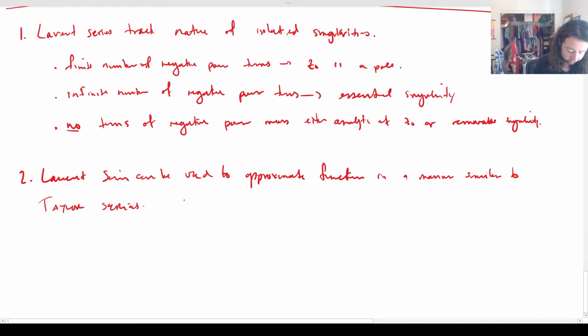And here you could think maybe your partial sums look like s_k equals the sum from n equals minus k to k of a_n (z minus z naught)^n. You have to be a little bit careful when you're doing these Laurent expansions because you have to go in both directions.